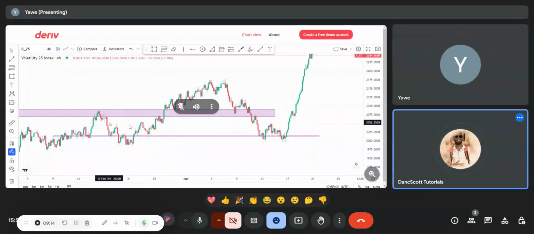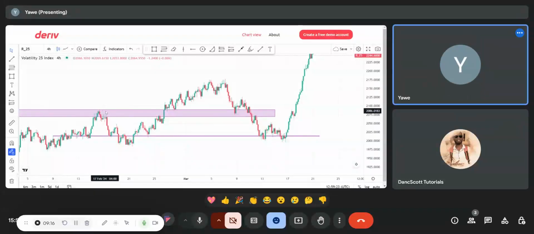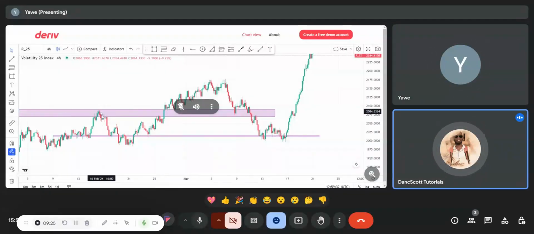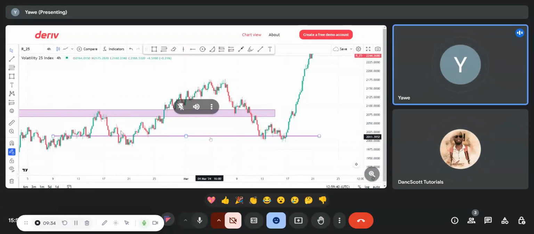But a support would suggest, at this point, a resistance, because this is resistance. When this price came to it and went down, that fair value gap became a resistance. You understand? Yes.